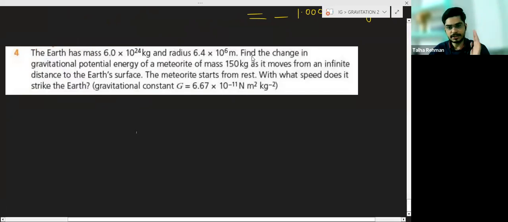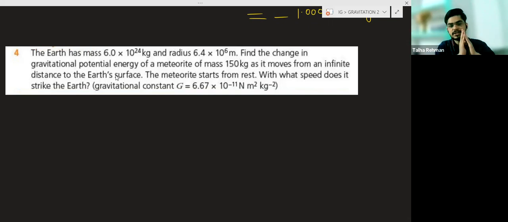They are saying find the change in the gravitational potential energy of a meteorite of mass 150 kg as it moves from infinite distance to the Earth's surface.